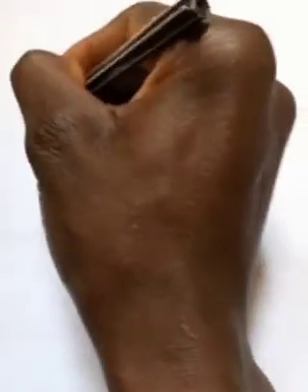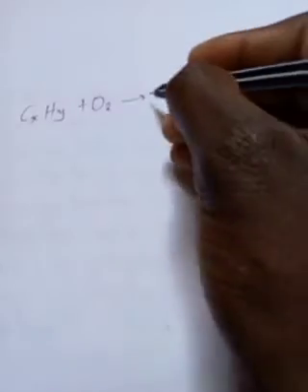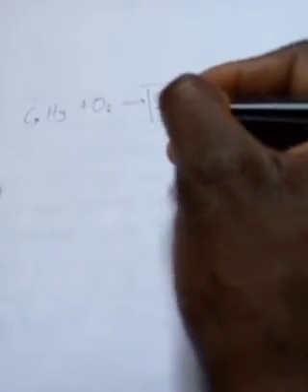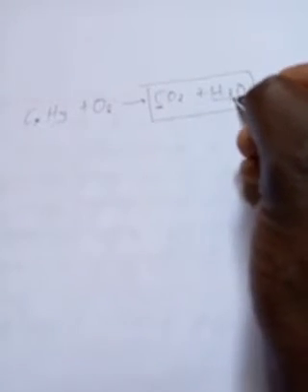Suppose they give you this same equation which I'm writing, CxHy. If you combust this, you produce carbon dioxide plus water. My main aim is to come up with carbon in carbon dioxide and hydrogen in water. Then the remaining amount, or the remaining percentage, is going to be for oxygen and the like.